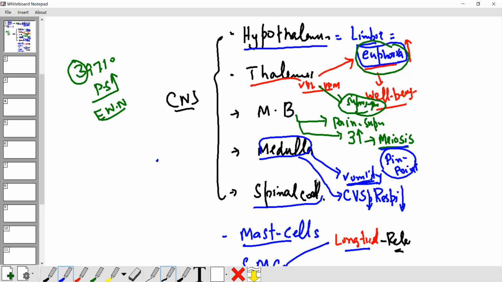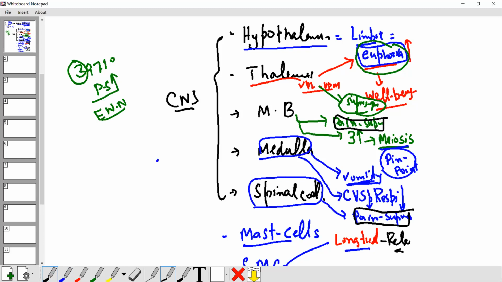In spinal cord, they inhibit the pain stimulus, the pain suppression. So our main thing is that this drug works in midbrain, pain suppression in midbrain, and pain suppression in spinal cord.